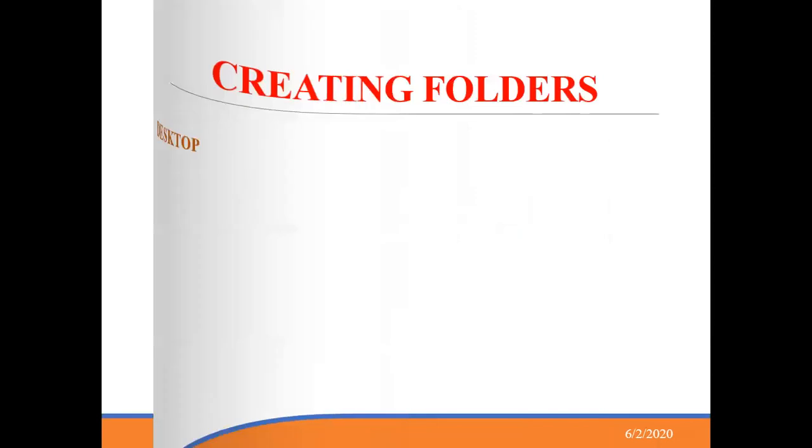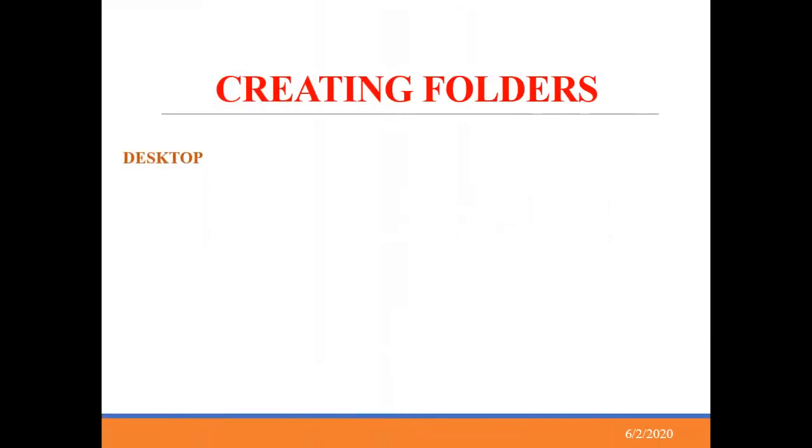Okay, so creating a folder on desktop is one of the easiest things to do. First of all, you have to right click any empty space on the desktop. Remember the words empty space. When you are creating a folder, you right click on an empty space on the desktop.